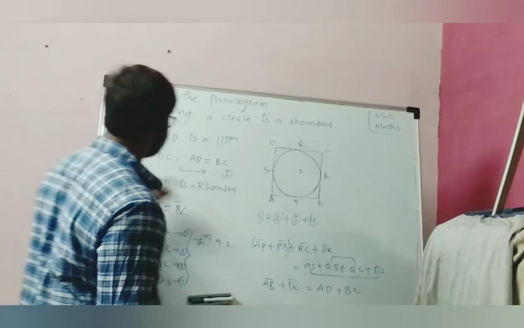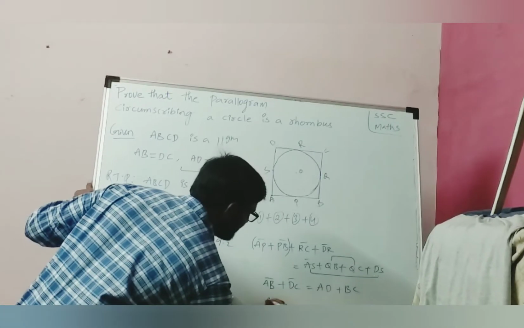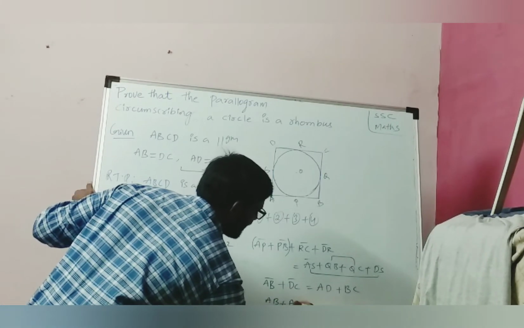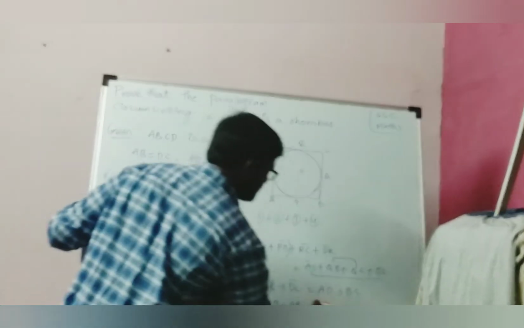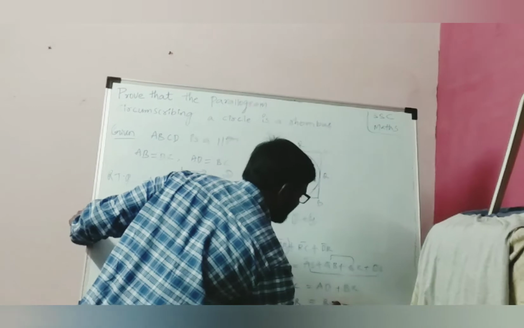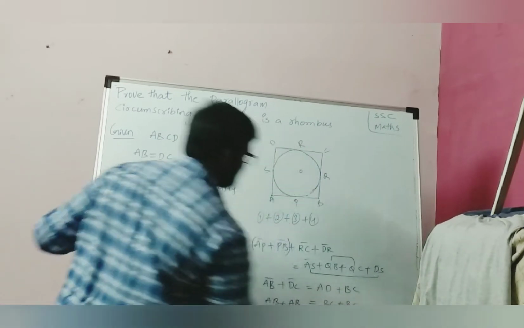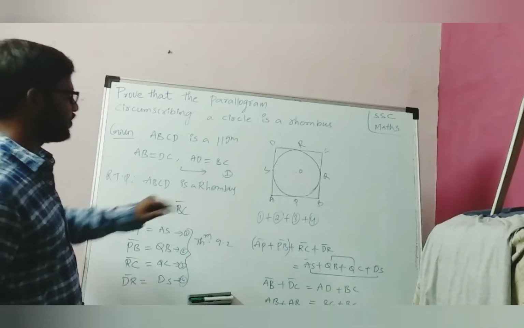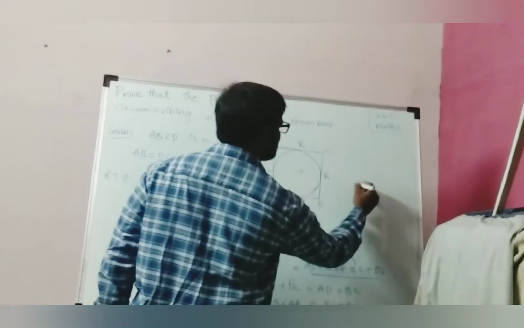So AB plus AB, and next, in place of AD we write BC. What is AB plus AB? 2AB.